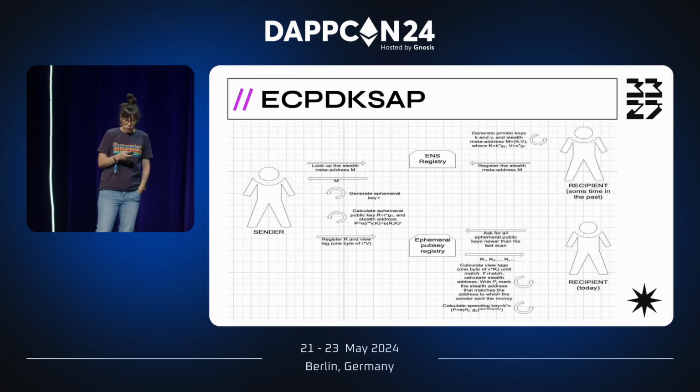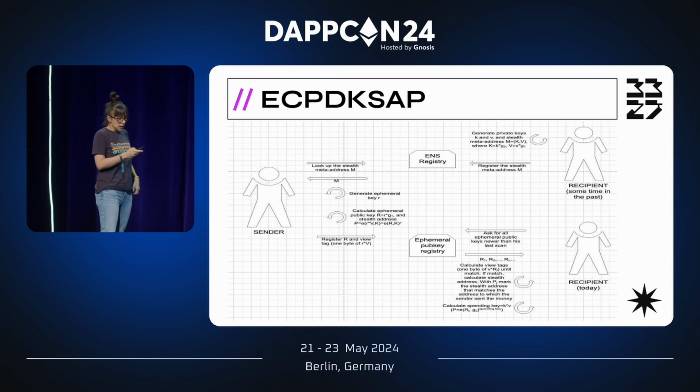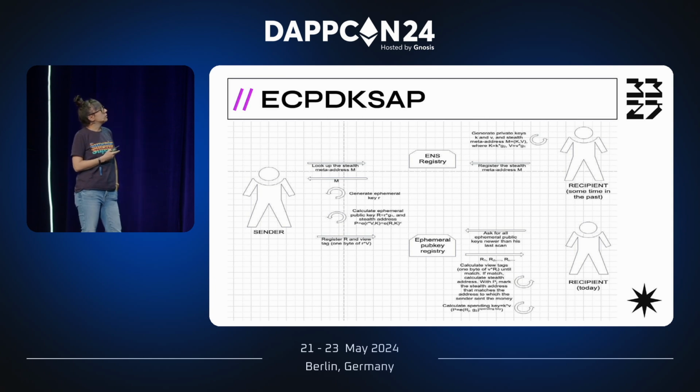So how do our protocols work? We want to have the same structure as before. Little k is the private key for spending, and little v is the viewing key.